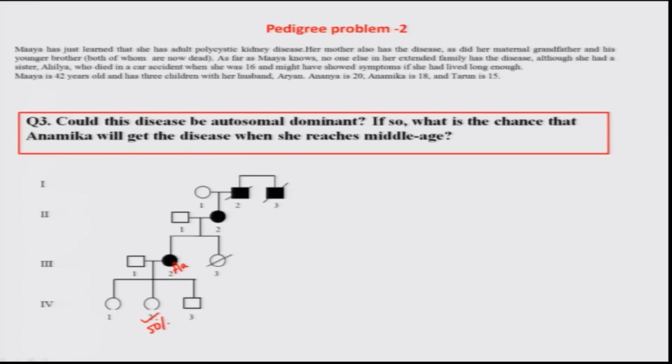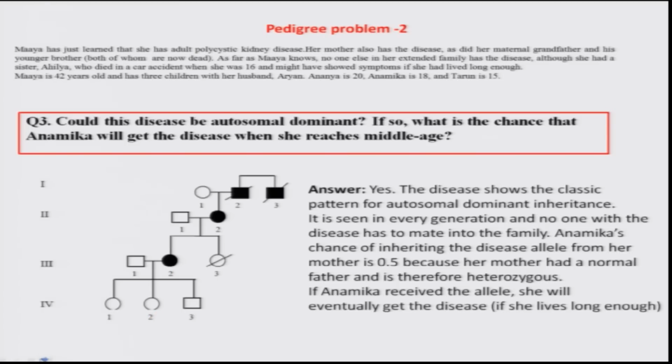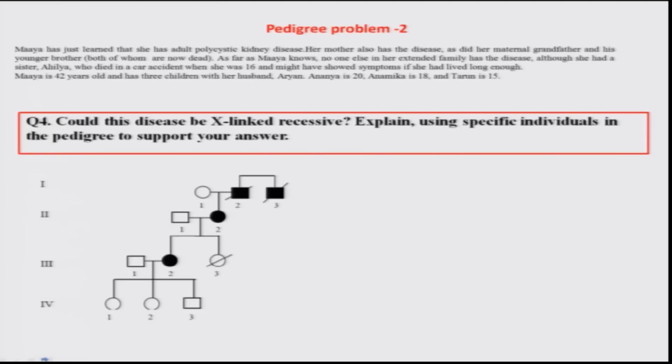So there is a 50% chance for Anamika to develop the disease. That is what I have written here, which you can read: this disease shows the classic pattern of autosomal dominant inheritance as it is seen in all generations, and Anamika has a 0.5, that is 50%, chance to develop the disease.